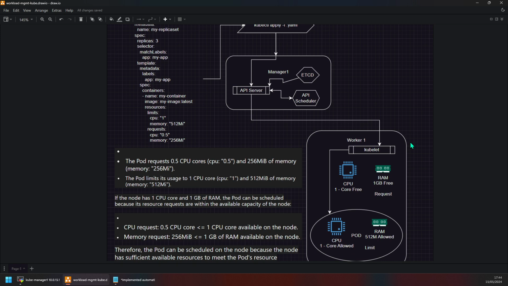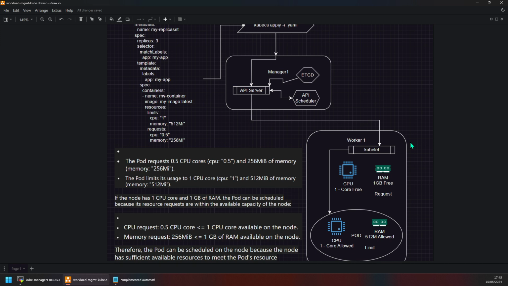When a pod is created or needs to be rescheduled, the scheduler evaluates various factors such as resource requirements, node capacity, and other constraints to determine the optimal node for the pod. It ensures that the pods are distributed across the cluster in a balanced manner, and that each node has sufficient resources to accommodate the pod scheduled onto it. So this is the whole purpose of a Kubernetes scheduler.